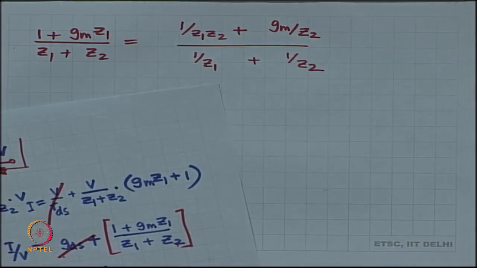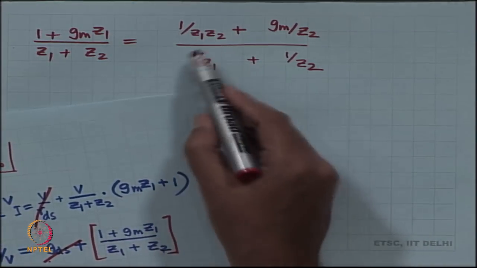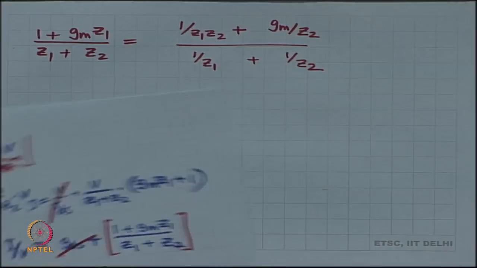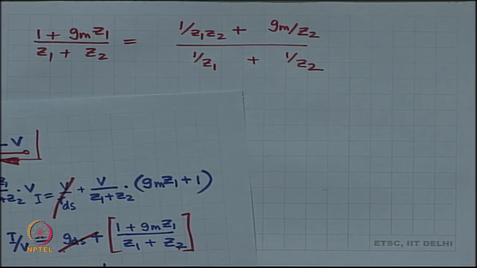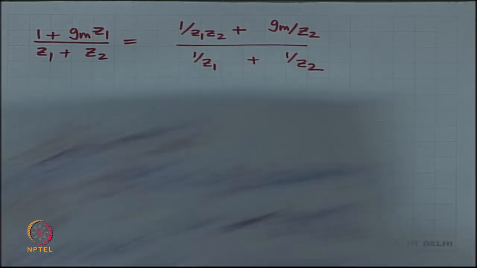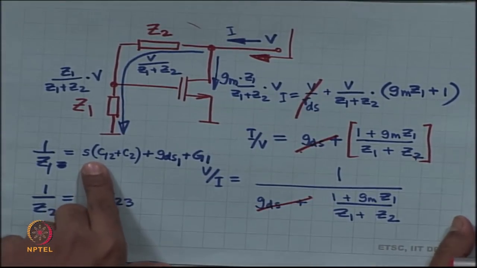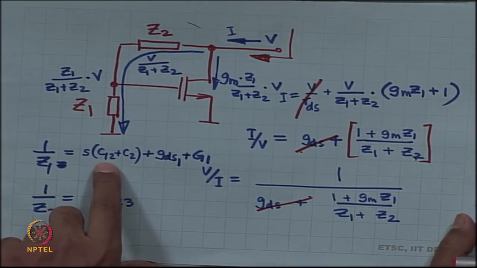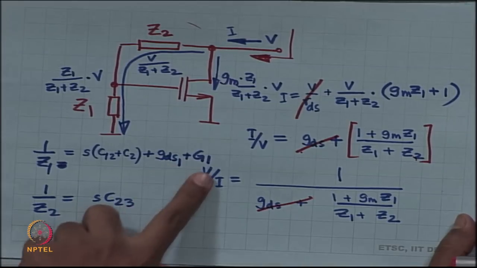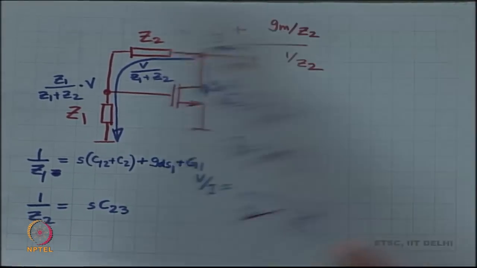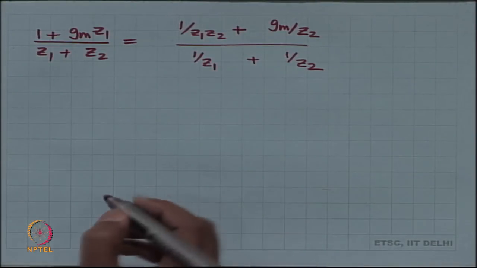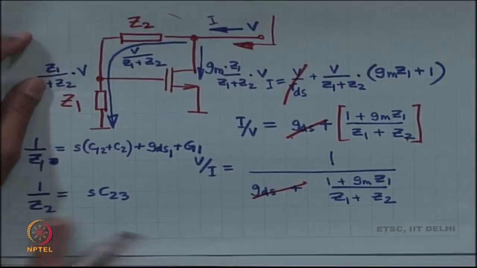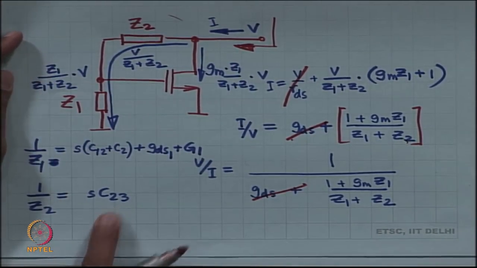Okay. And what we are now going to do is, we know the value of 1 by Z1 and we know the value of 1 by Z2. 1 by Z1 is the parallel combination of C12, C2, RDS1, R1, and 1 by Z2 is just SC23.